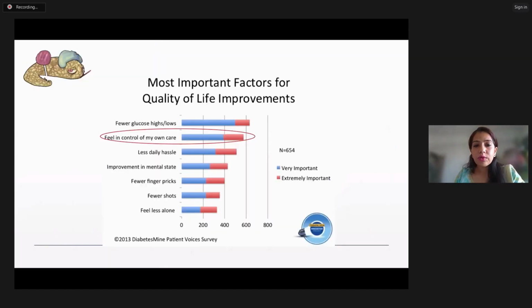So it really impacts the quality of life, and people would say, why do so much, that will cause a lot of diabetes distress. So this is a survey that was done for a lot of people who have type 1 diabetes, and this came out in 2013, that those who were checking their blood glucoses multiple times a day, and those who felt in control of their own care and had fewer glucose highs and lows, had actually felt that they were having a better quality of life versus those who were giving themselves fewer shots.